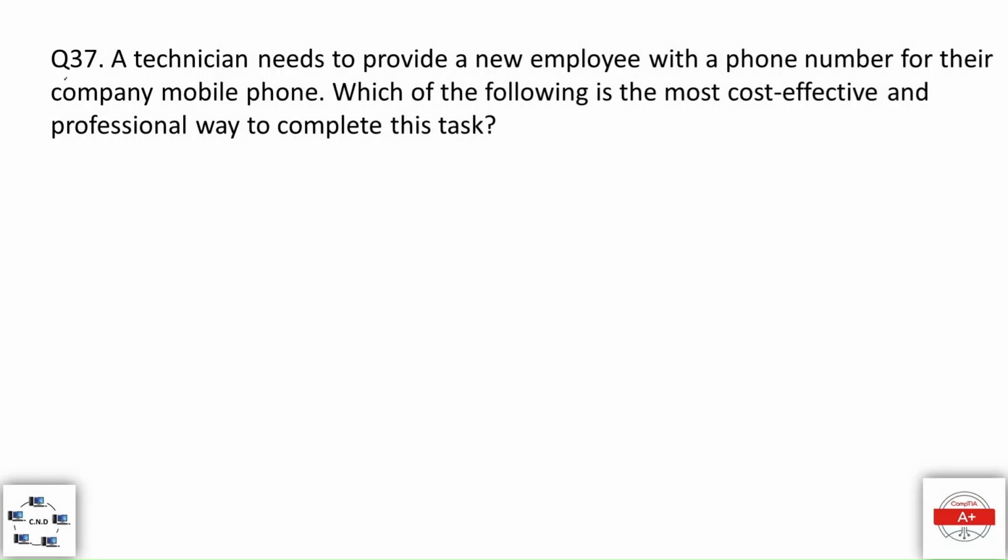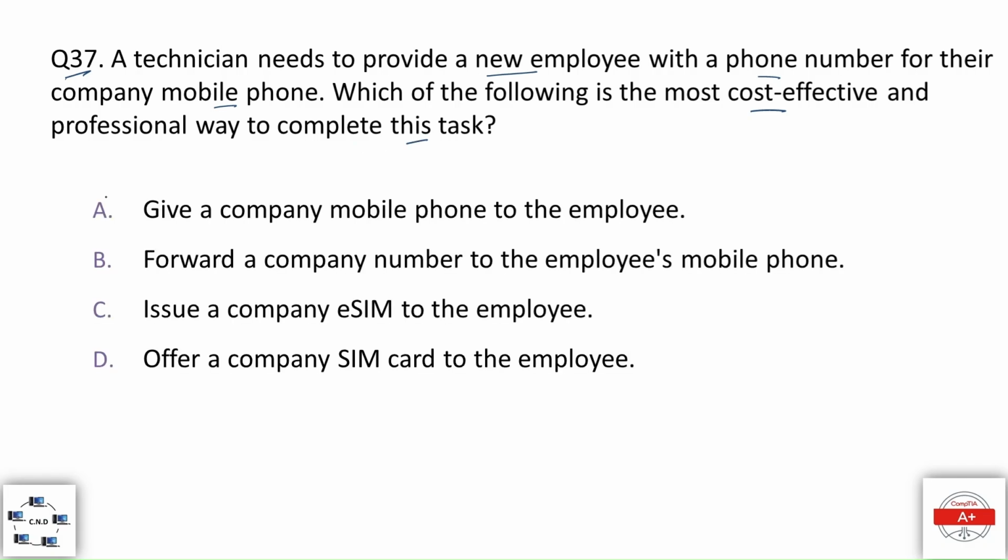Question number 37. A technician needs to provide a new employee with a phone number for their company mobile phone. Which of the following is the most cost effective and professional way to complete this task? The options are option A, give a company mobile phone to the employee.